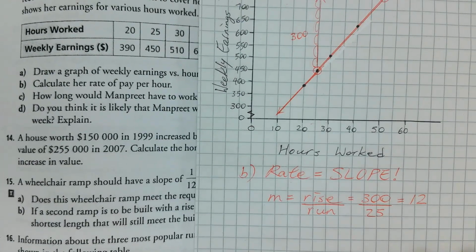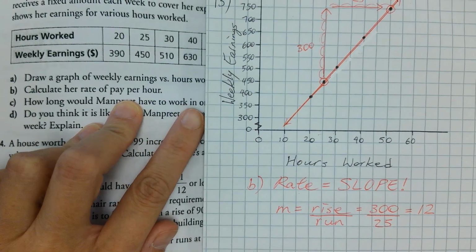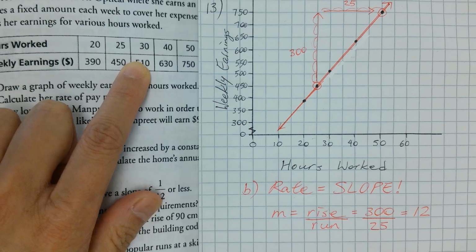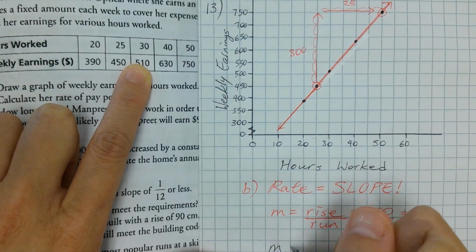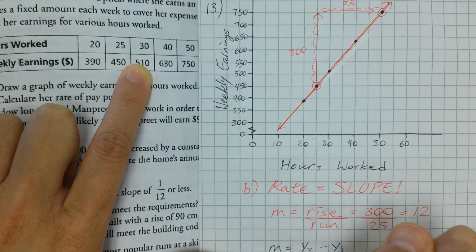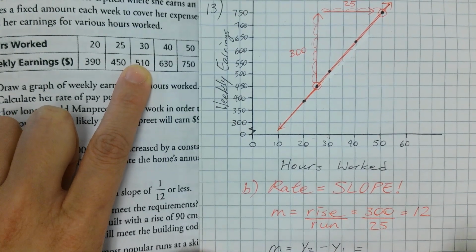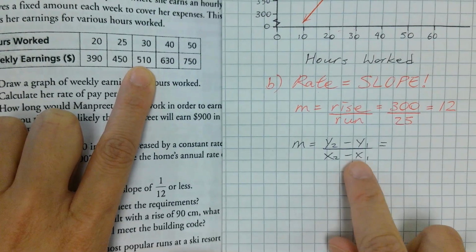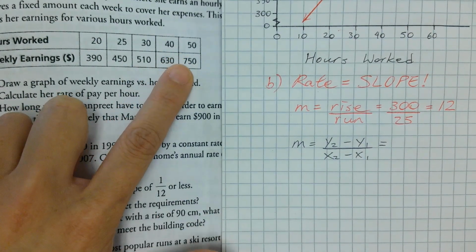Now let's say I didn't ask you guys to do the graph and I just gave you a table. I can do the same thing. I can do the formula y2 minus y1 over x2 minus x1. Sorry, let me move to here. Okay, I could do the formula using the table.